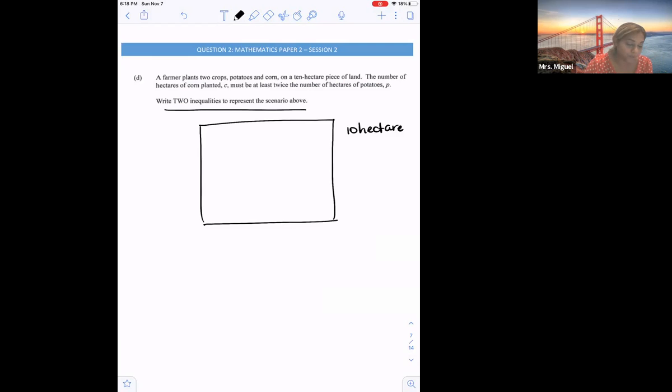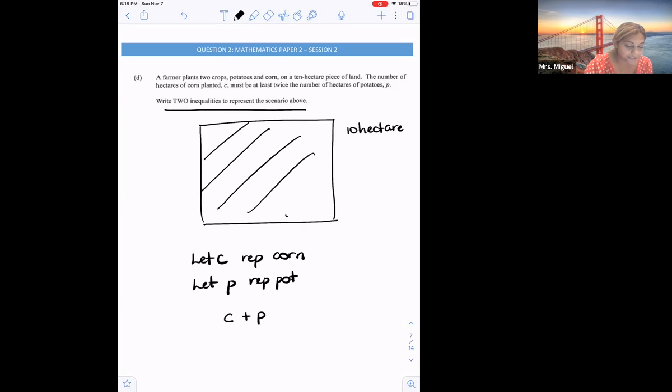Let C represent corn and let P represent potatoes. So he could plant corn and potatoes. He could fill up the piece of land, which is equal to 10. So he could plant over the 10 hectares, or he could plant in a small part. So this would be less than or equal to 10.